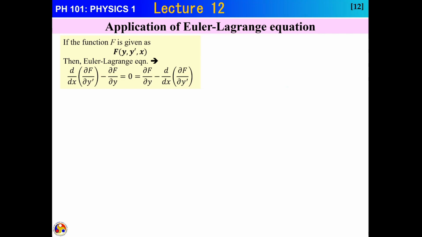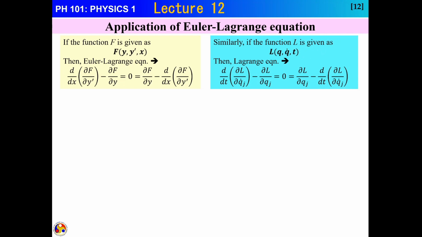Now in a similar line, if we consider this Lagrangian formalism where you have L of generalized coordinate, generalized velocity and time, you are writing d by dt of the partial derivative of L with respect to the generalized velocity, minus the partial derivative of L with respect to the generalized coordinate, is 0, which can also be written by switching over.